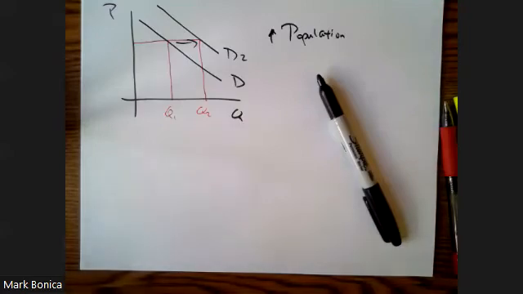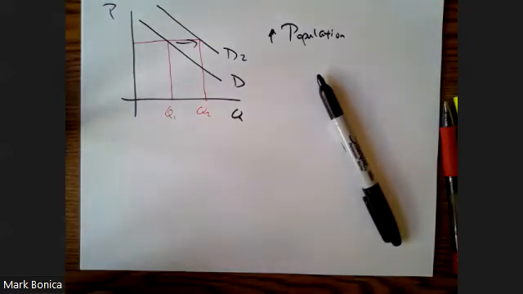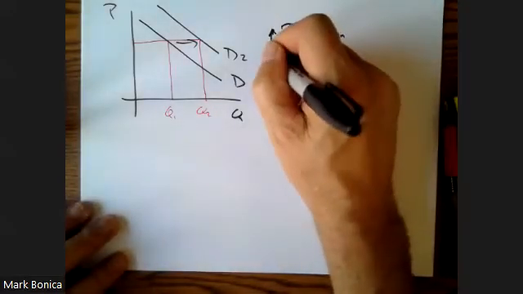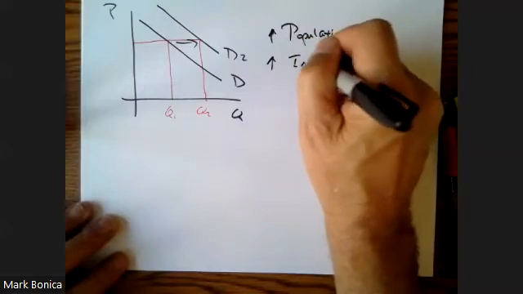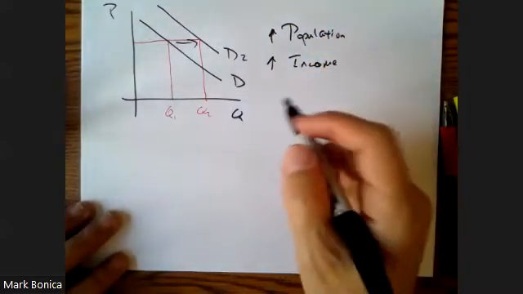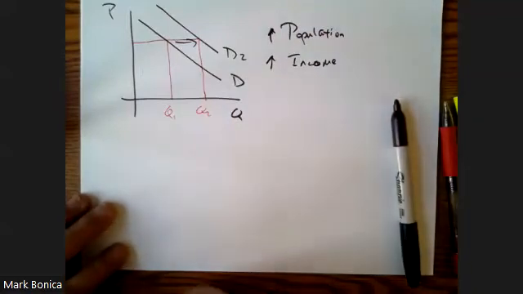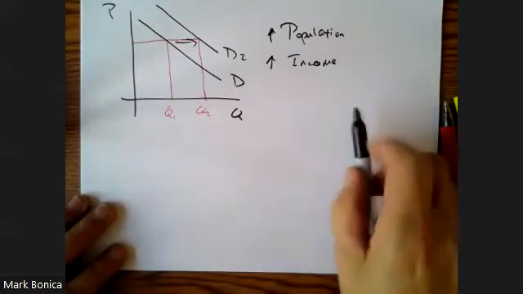So as population increases, there's a greater demand for more medical services of all types. An increase in income. So if people get wealthier, they want more of more goods, right? They want more products. Right?